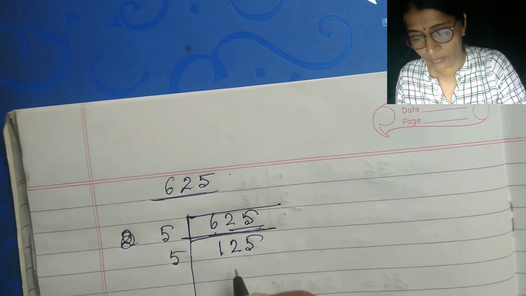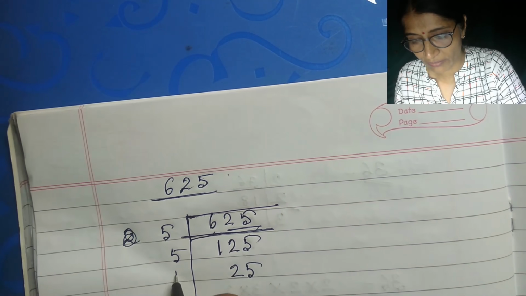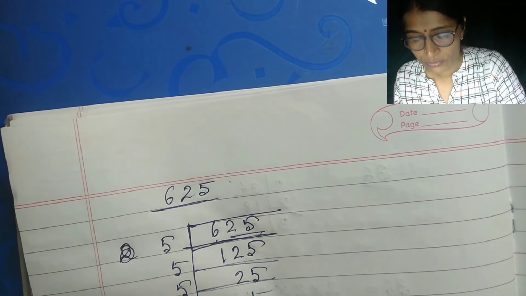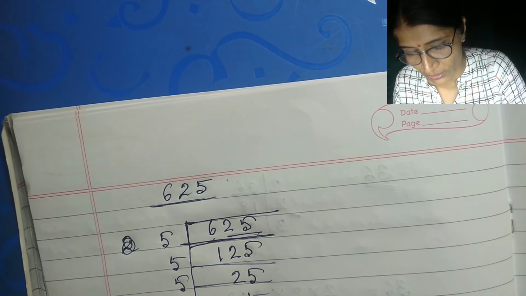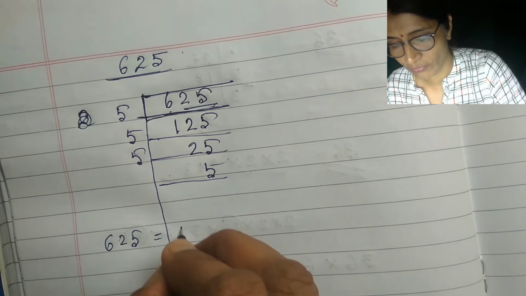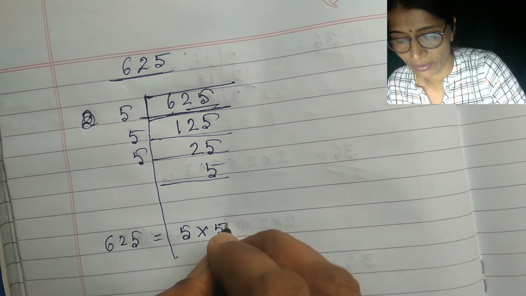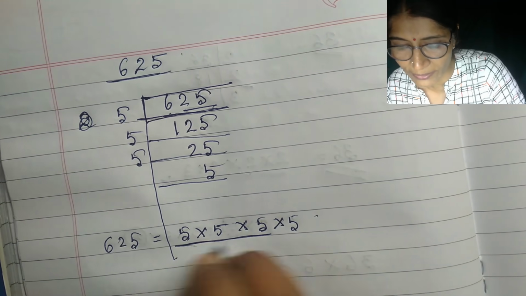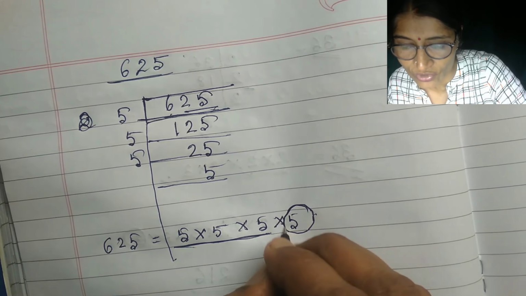Again 5. Again I will take 5. Then 5. So the prime factors of 625 are 5 into 5 into 5 into 5. So this is the triplet, but this one 5 is extra.